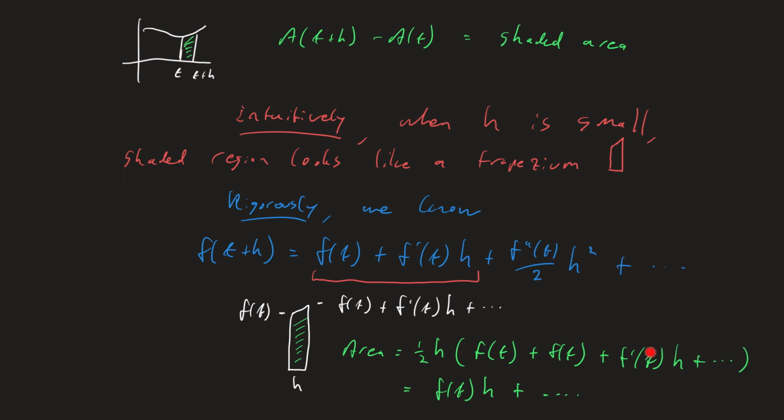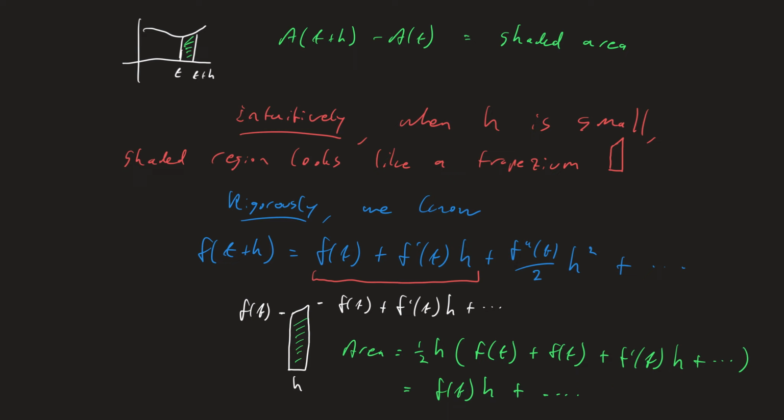When we evaluate this, we find the area is f of t times h. That comes from these two terms here, divided by 2 gives us this times h. And then every other term depends on h squared or a higher power of h. So as h goes to 0, these other terms rapidly go to 0.